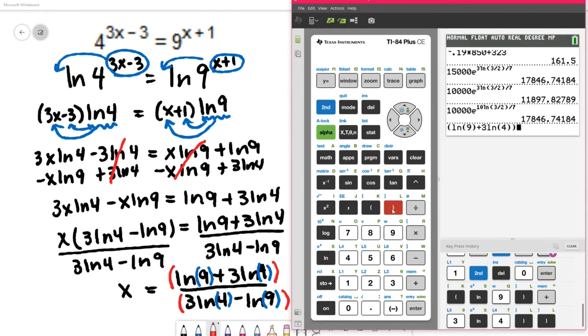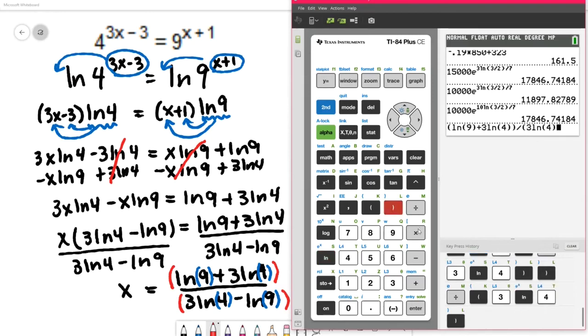And I'm going to do one more parenthesis because that closes out the whole numerator. And I've got division. Open parenthesis for the denominator, and we have 3 natural log of 4. I'm going to close that parenthesis, minus natural log of 9. Close parenthesis for the log, and close parenthesis for the whole denominator.